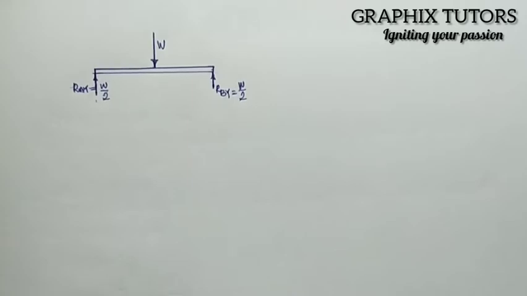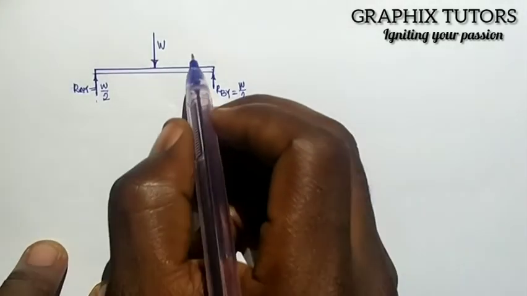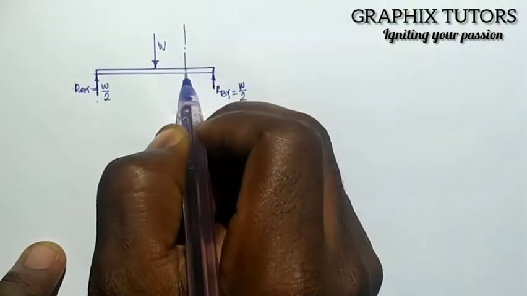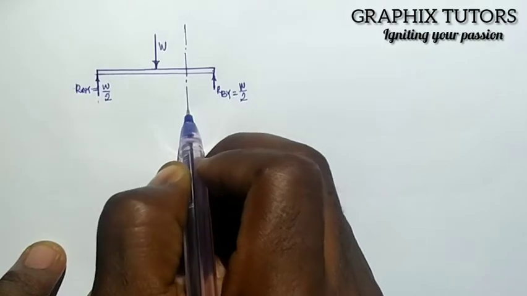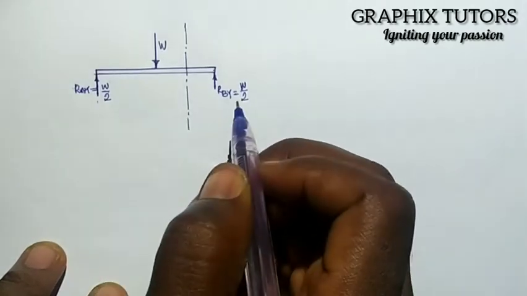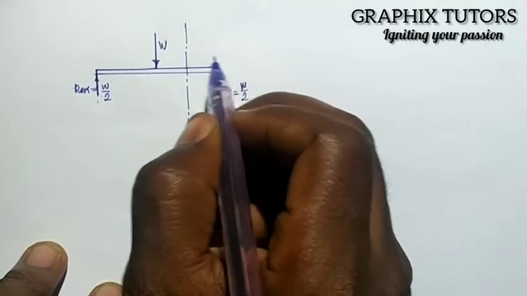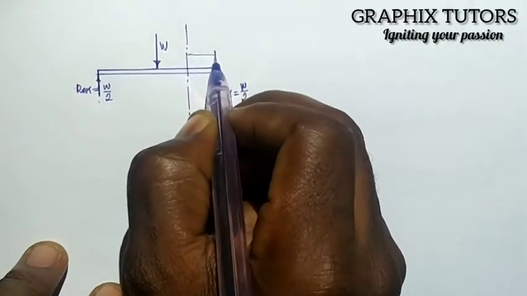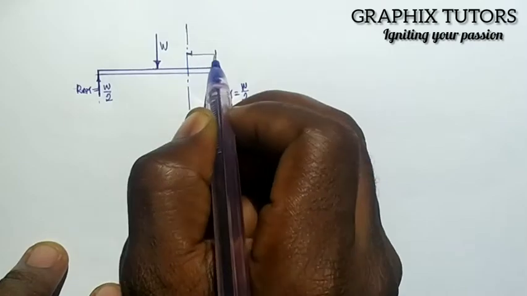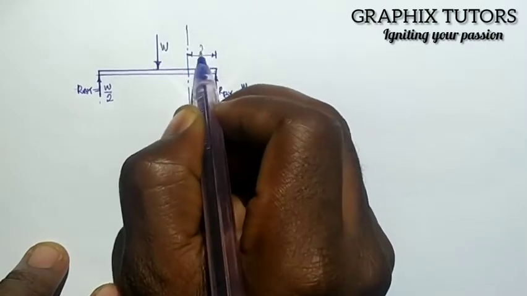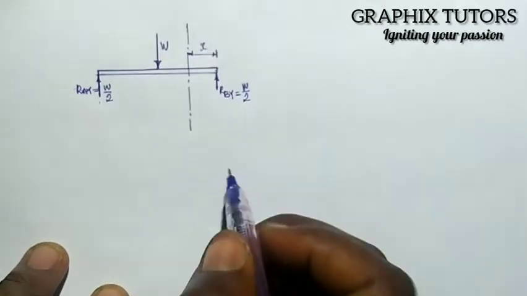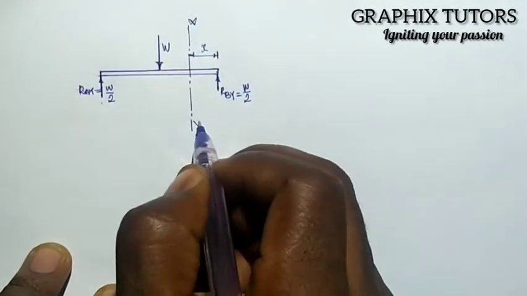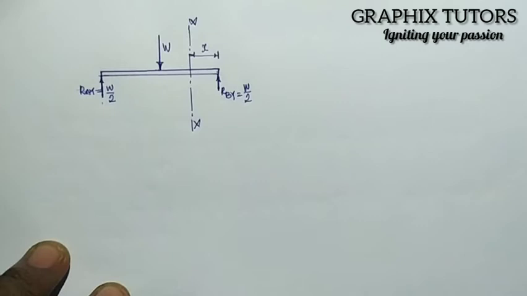So I am going to section one end of the beam. The distance between that end of the beam to this point, we are going to term it X. So we are taking the moment about the section XX.